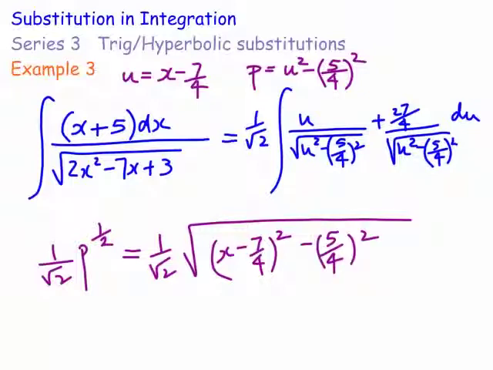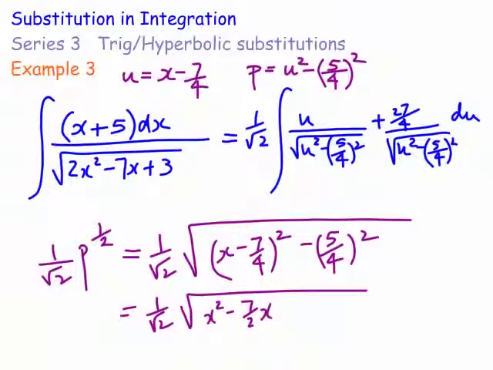So we need to simplify this in terms of x, so we need to expand that out, and we end up getting 1 on root 2, the square root now, of x squared minus 7 on 2x, plus 49 on 16 minus 25 on 16, so it's x squared minus 7 on 2x, and then it's just plus 24 on 16.